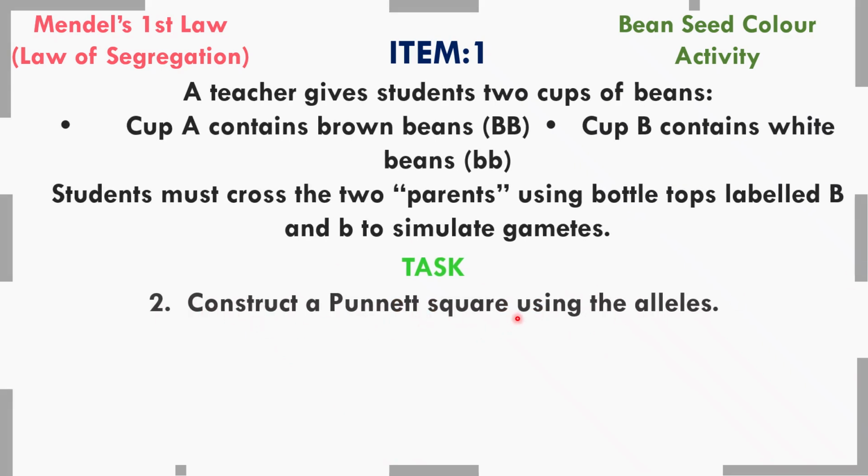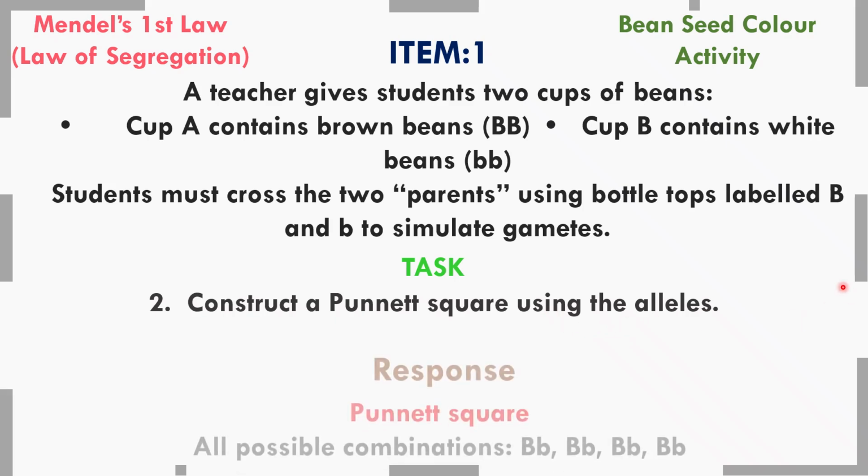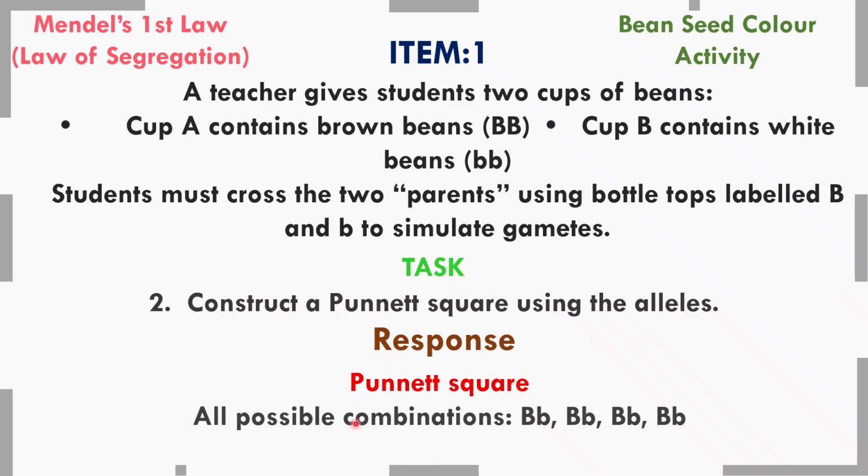Construct a Punnett square using the alleles. Punnett square, all possible combinations: capital B small b, capital B small b, capital B small b, capital B small b.